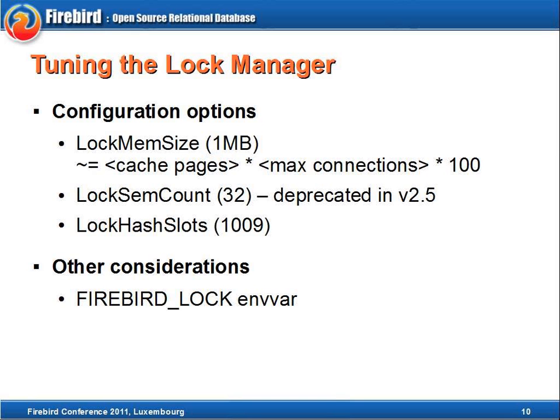The formula commonly used in this case: check your page cache size in pages, multiply it by the maximum number of connections that can access the database, and multiply it by 100.